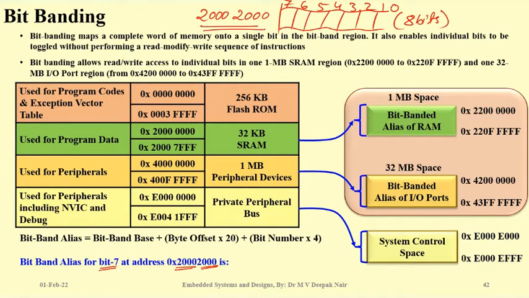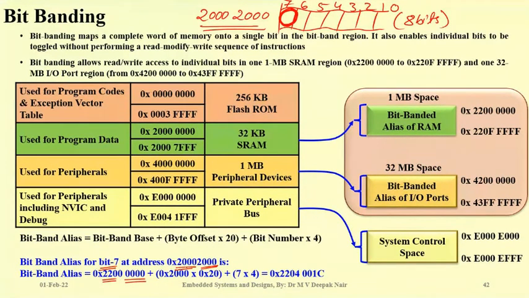This is the address. Now bit 7 of this: suppose you are trying to find the bit banding address for this bit. This bit is mapped to which address? The address is 20002000, and the D7th bit, where is it mapped? You have to find that, and you have the equation with you. The base region is 22000000, the base address.